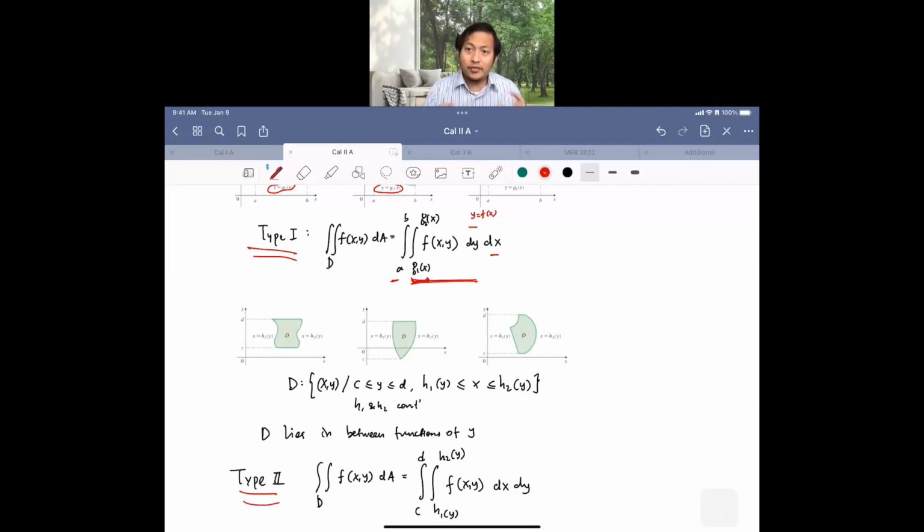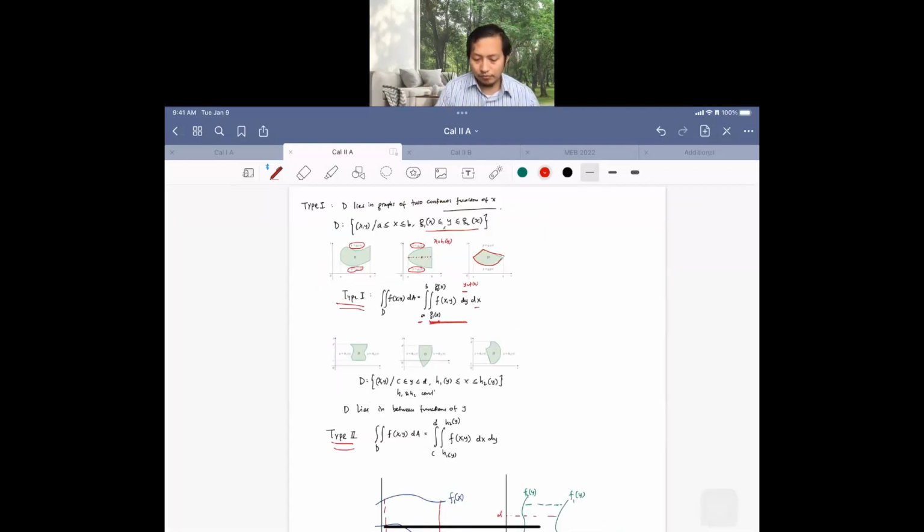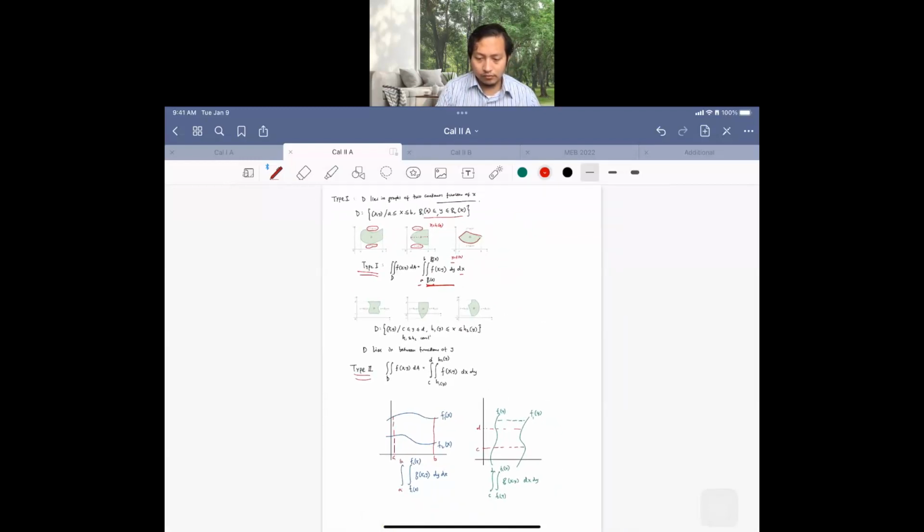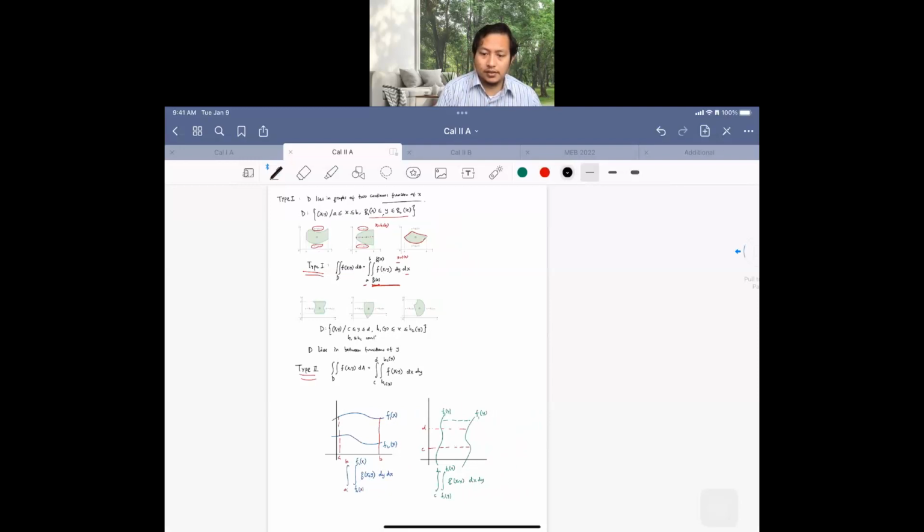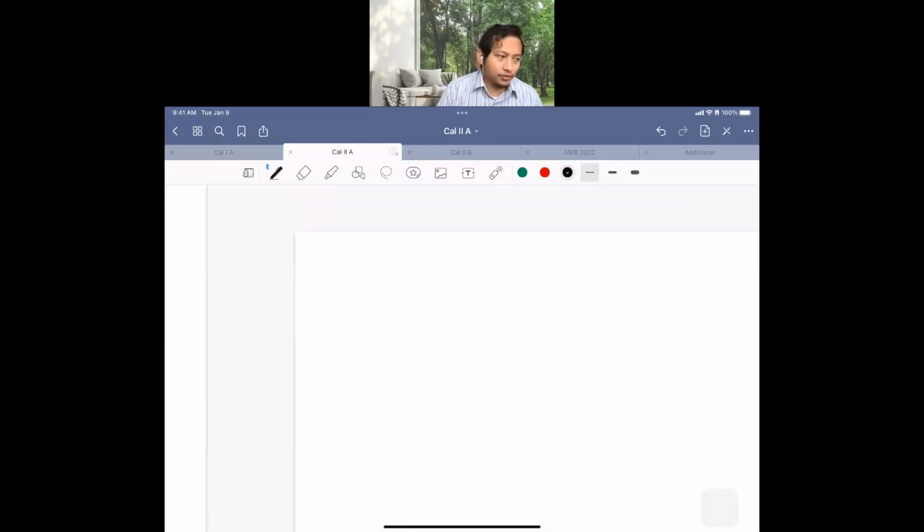Okay, let me give you more examples on how we can do this. Okay, I will move to the next page. Okay, let me give you an example.